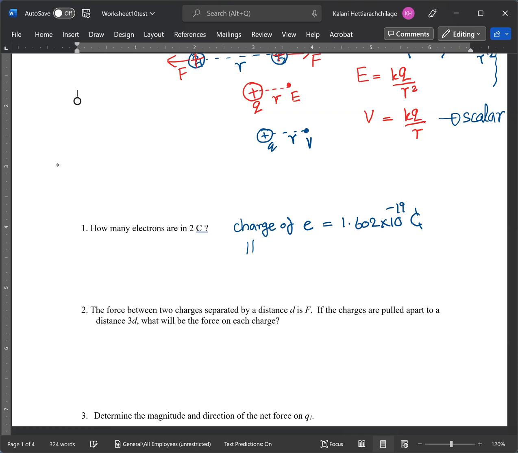Now if I need to find the number of electrons in 2 coulombs, I need to divide 2 coulombs by the charge of the electron. Coulomb will cancel out. Then you will get the answer 1.248 times 10 to the 19. That's what I have as the number of electrons.